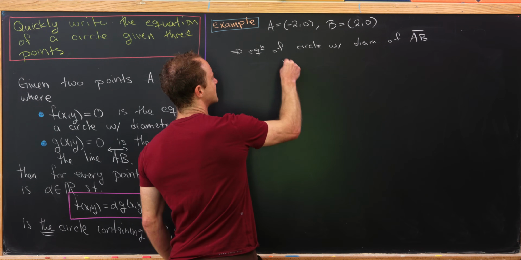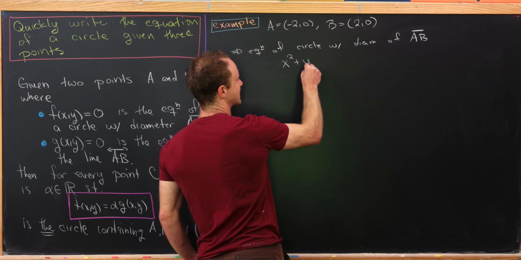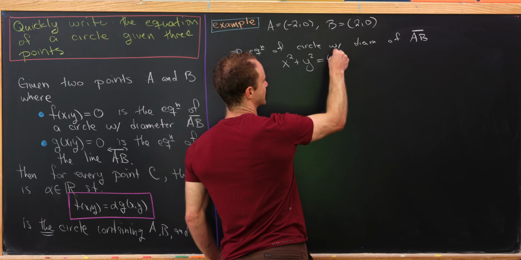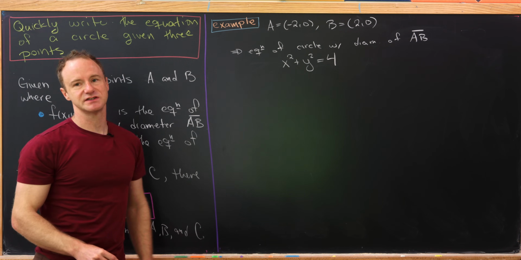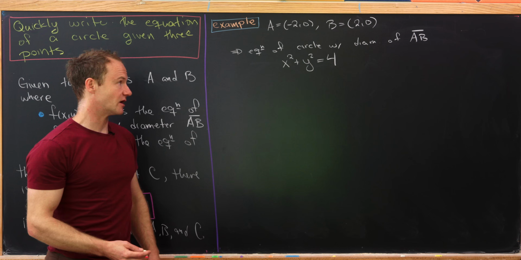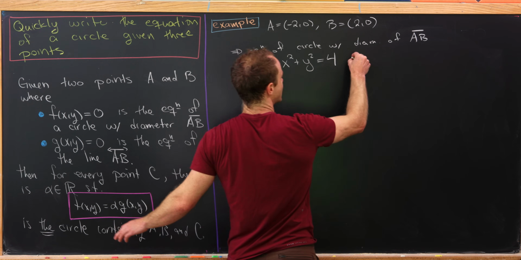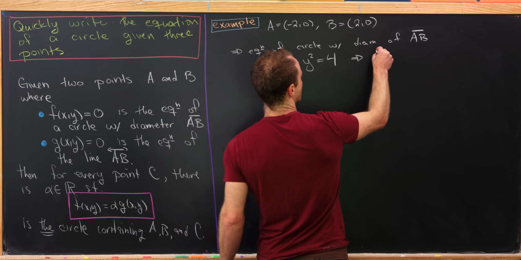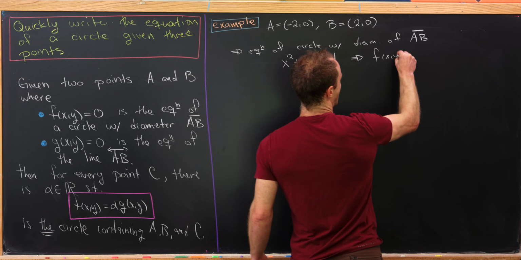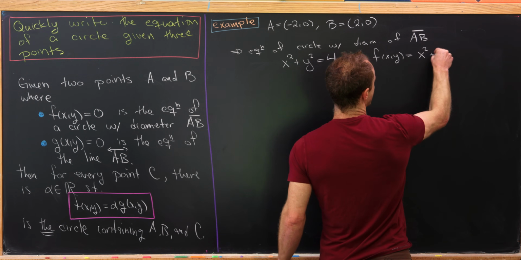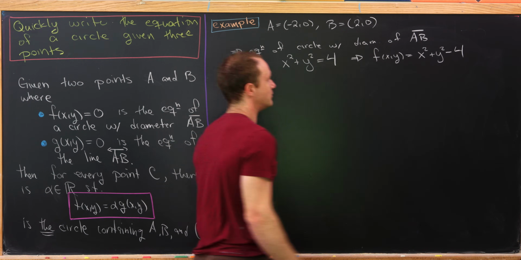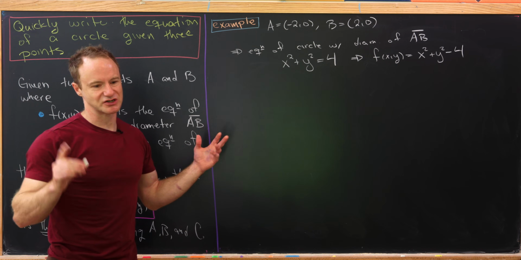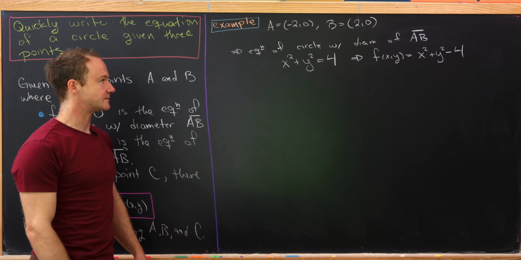And I think it's pretty clear that the equation of the circle here is x squared plus y squared equals 4. So notice that definitely contains those 2 points, and that's a diameter of that circle. But now in our language, we would want to set f of x,y equal to x squared plus y squared minus 4, because we want our equation to have a 0 on one side.